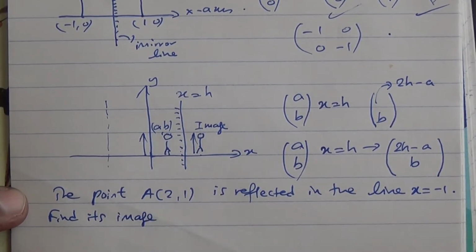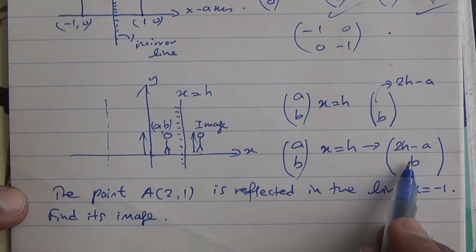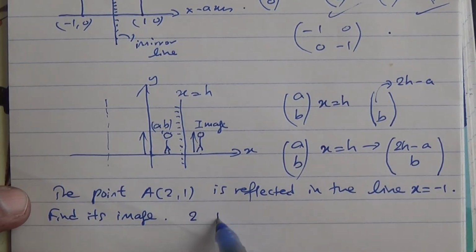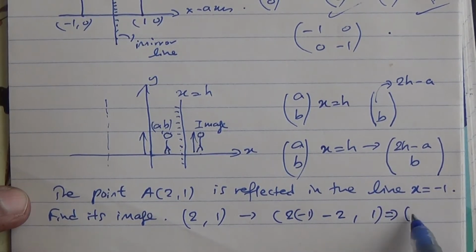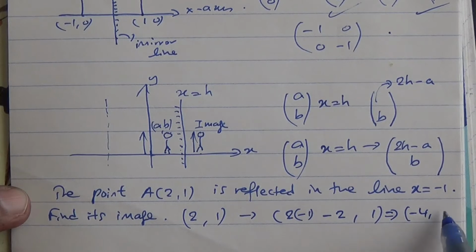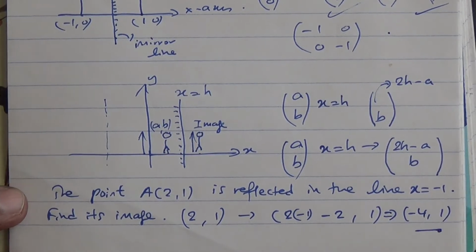That's not very difficult. Just use this formula. Therefore 2, 1 is going to become 2h, that is 2 times the line of reflection, minus a, so you minus the 2, and then your y is going to remain the same. That becomes minus 2 minus 2, which is minus 4, and then 1. Here we are, that's the image.